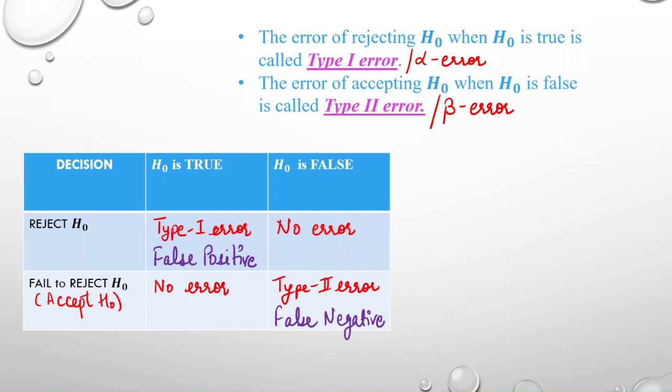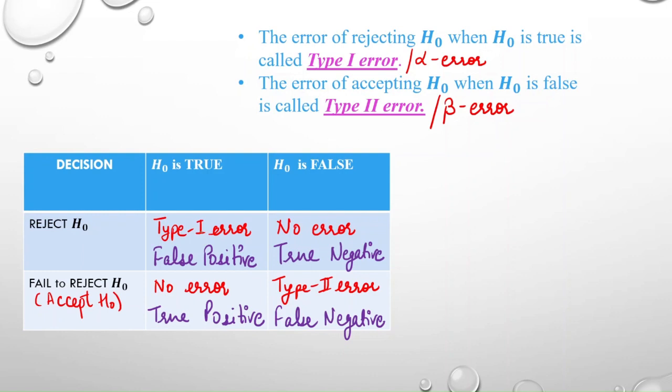Whereas the other ones, this is known as true positive and this is true negative. True positive means that we are accepting H0 and H0 is true, so there is no error. So it's a good thing. And true negative means that you are rejecting H0 and H0 is false. So your decision is correct and H0 is false in this case. So it's showing true negative.